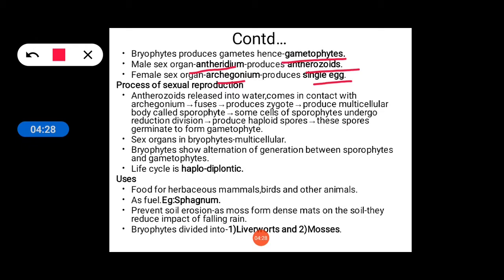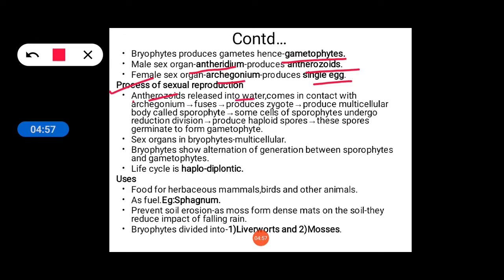Let us now come to the process of sexual reproduction. We found that the male sex organ is known as antheridium and it produces antherozoids, and the female sex organ is known as archegonium and it produces a single egg. Now the antherozoids, the male gametes, are released into water.